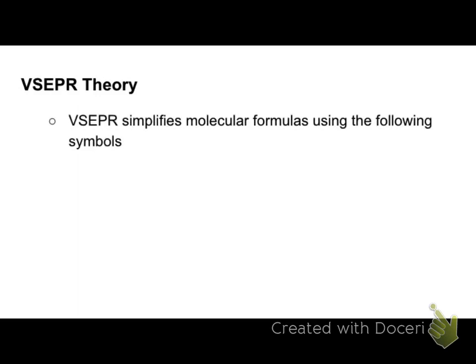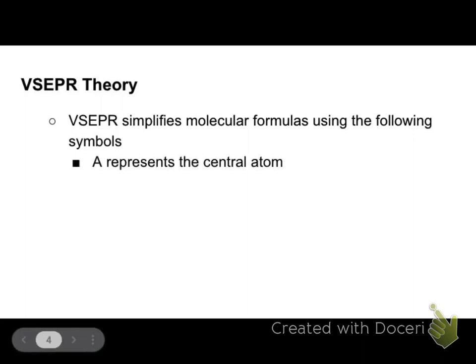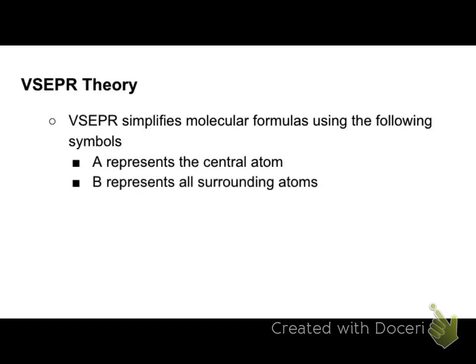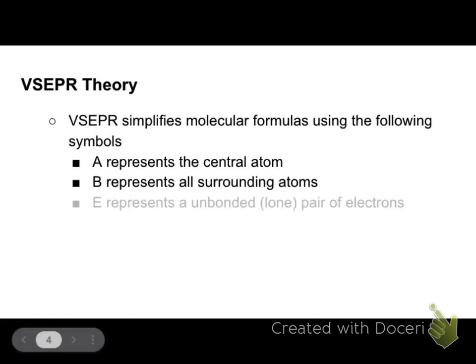VSEPR theory simplifies molecular formulas into specific types of atoms, and they use a simplified formula using A to represent the central atom, B to represent any surrounding atoms, and E to represent an unbonded or lone pair of electrons.